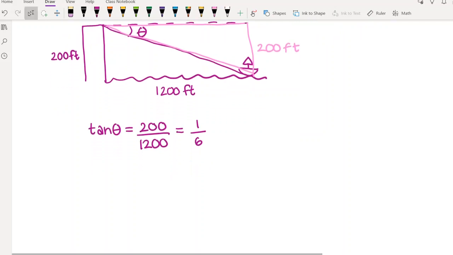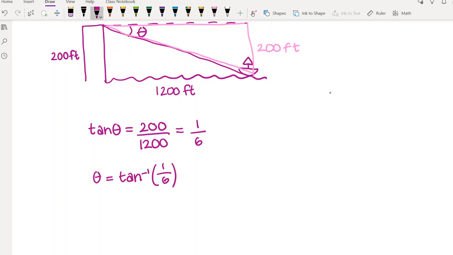And so that means that theta is going to be equal to inverse tangent of 1 over 6. And so if you type that into a calculator, you'll get approximately 9.46, or let's round it to 1 decimal place, 9.5 degrees.